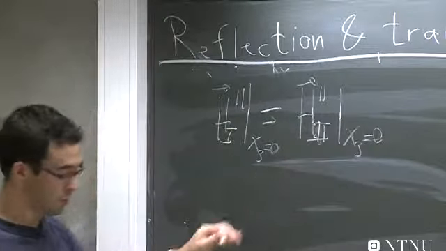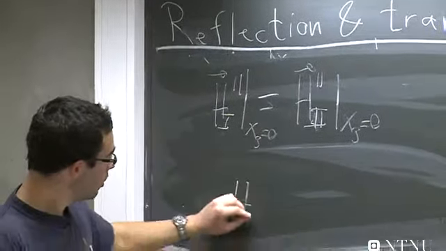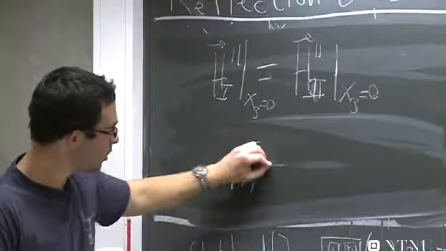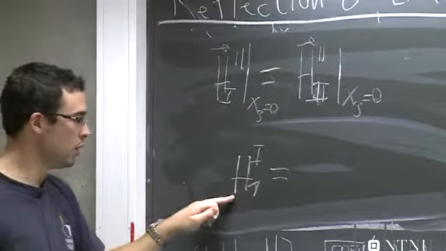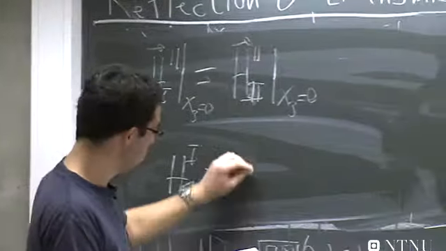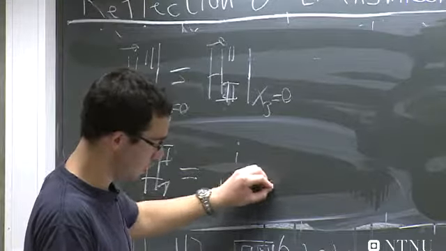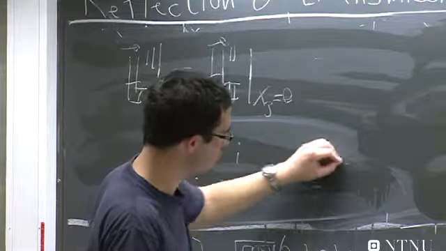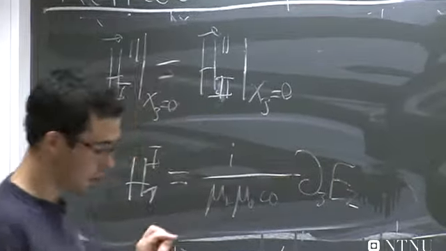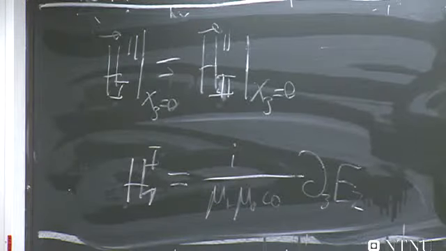These must be identical. And h1, the first component of the h field in medium 1, is equal to i over mu r, mu naught, omega, d3, e2. We derived this in the previous lecture, a few minutes ago.